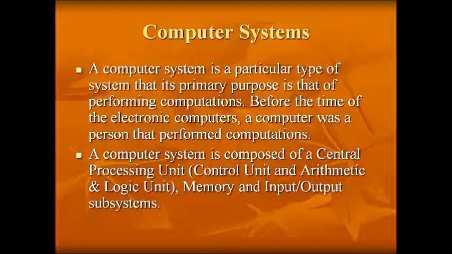It might be a process, a procedure, or a certain person. Now, a computer system is composed of a central processing unit or the CPU that has the control unit or the CU, the ALU or the arithmetic logic unit, the memory, and the input-output subsystem.